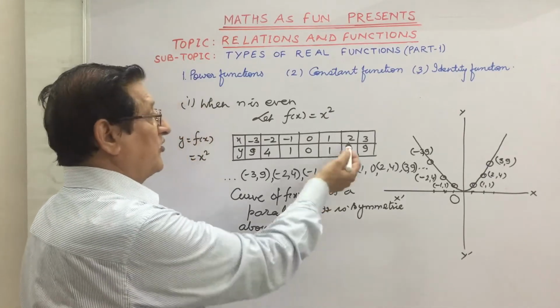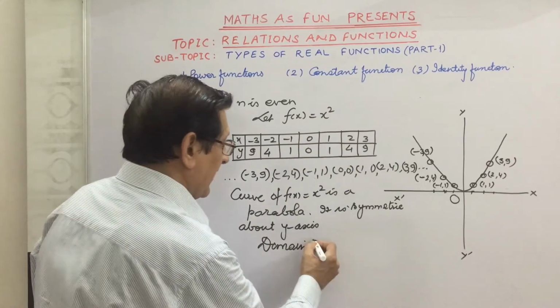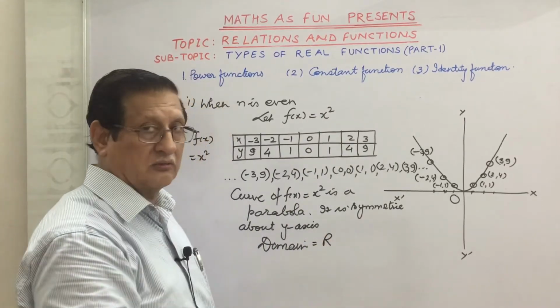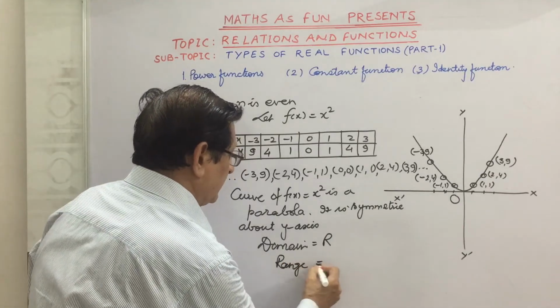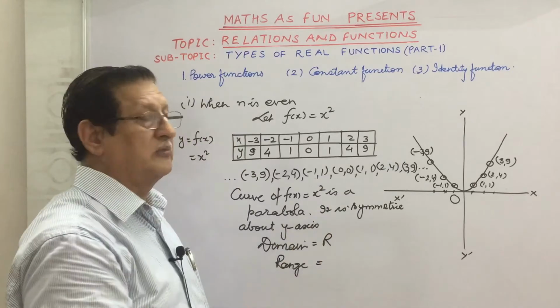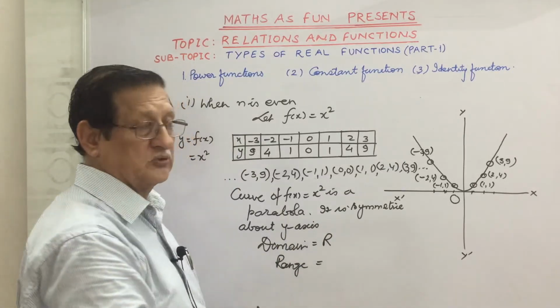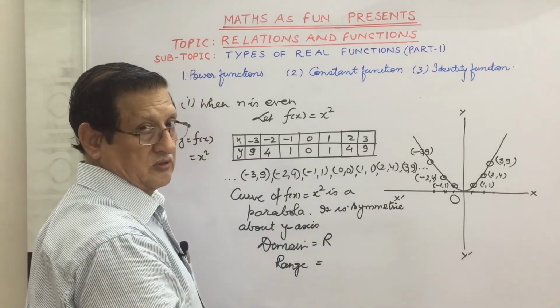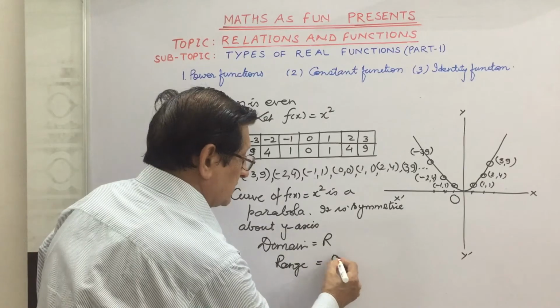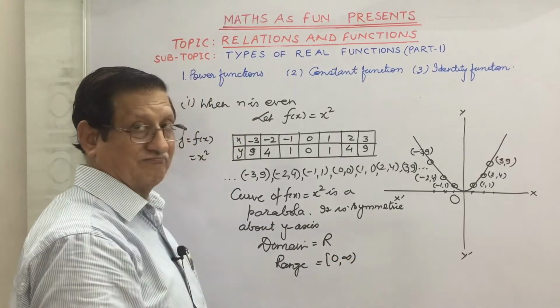We find that for every real value of x, x^2 exists, and so the domain of this becomes R. But when we talk about the range, we find that the square of every real number is positive. It means the range will go in the positive direction and 0 is included. So the range of this will be 0 to infinity.